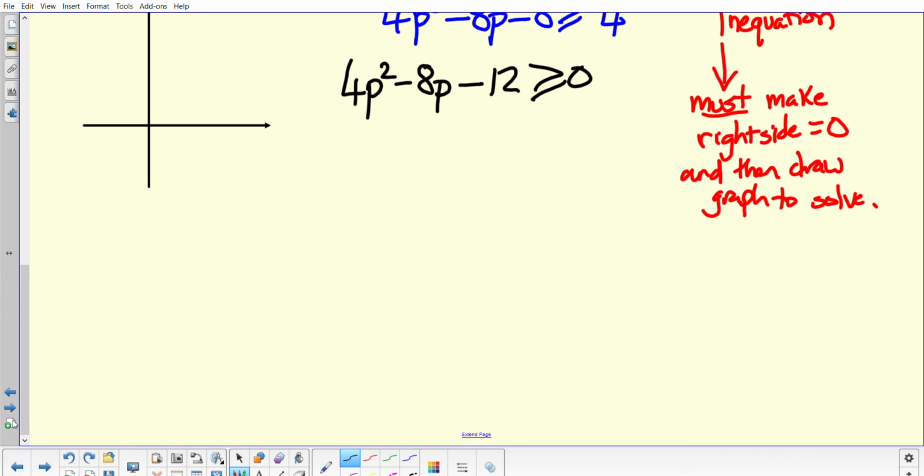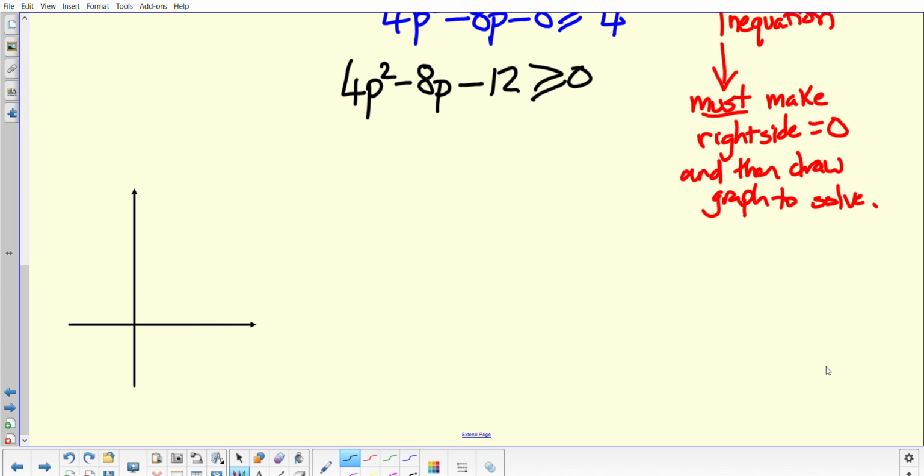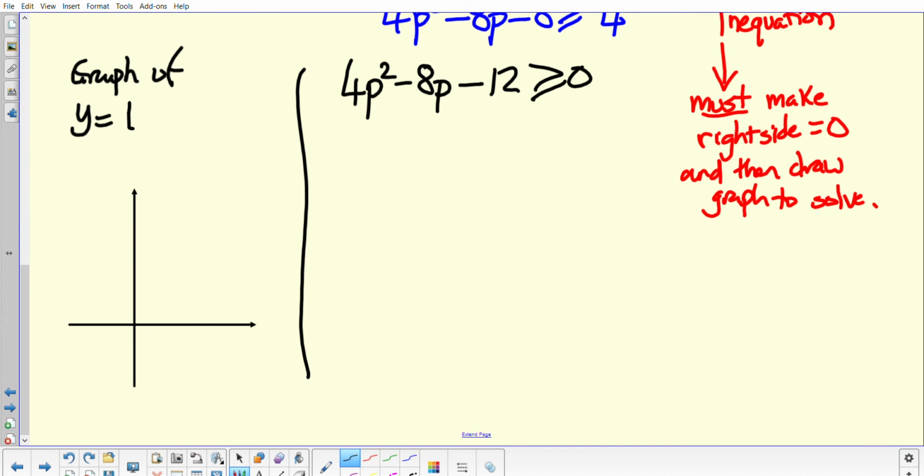Now this is a quadratic inequality. In order to solve that, you need to be saying to yourself, what I'm actually going to do is draw the graph of, it's not x's here, it's the letter p, but it's the same sort of idea, y equals 4p squared minus 8p minus 12.